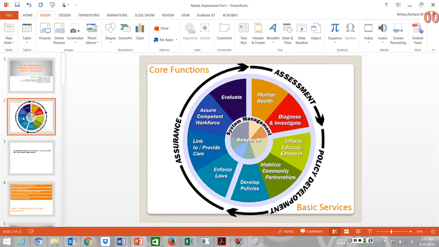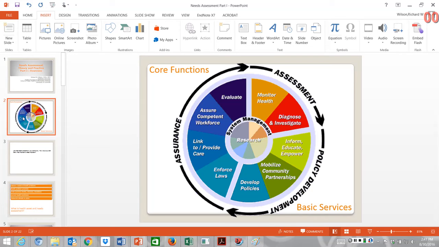This next slide should be familiar to many of you. It portrays the core functions and basic services of public health, and you'll notice one of the core functions is assessment. You'll see that is a key element of all of the core functions, and two of the basic services feed into needs assessment: monitoring health and diagnosing and investigating health problems.